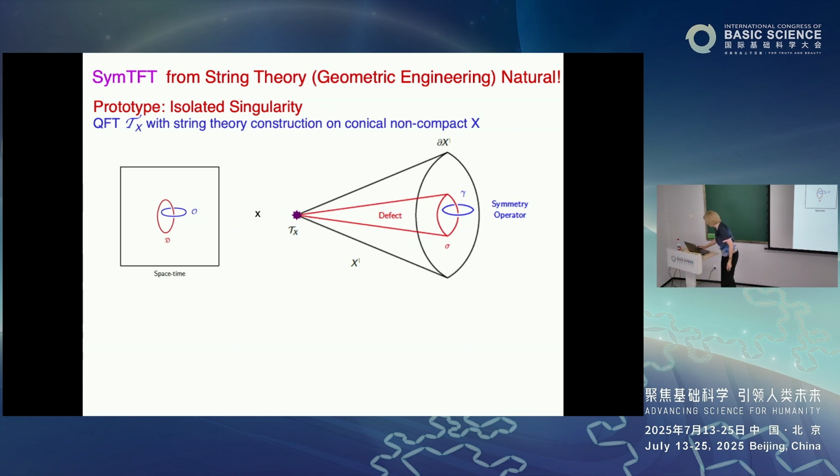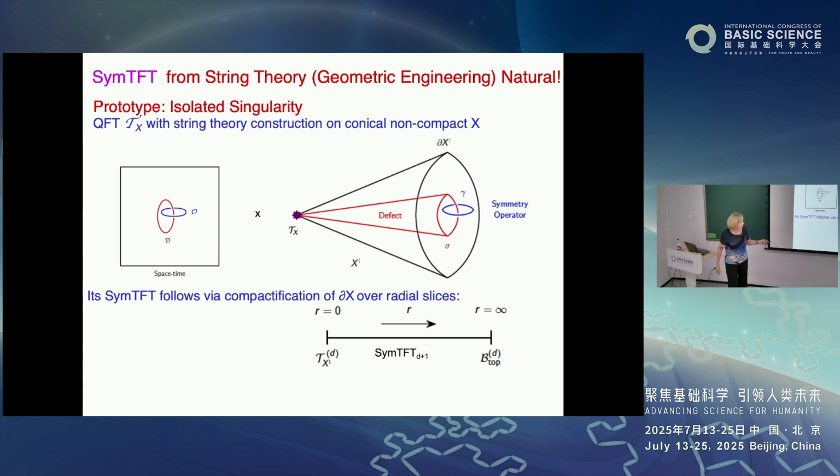So compactifying this additional space on the boundary over these radial slices produces precisely the extra direction that specifies the features of SIM-TFT in one dimension higher. And again, on this side, we are dealing with physical boundary conditions. Here, at the technical infinity of the radial slices, we are dealing with topological boundary conditions.